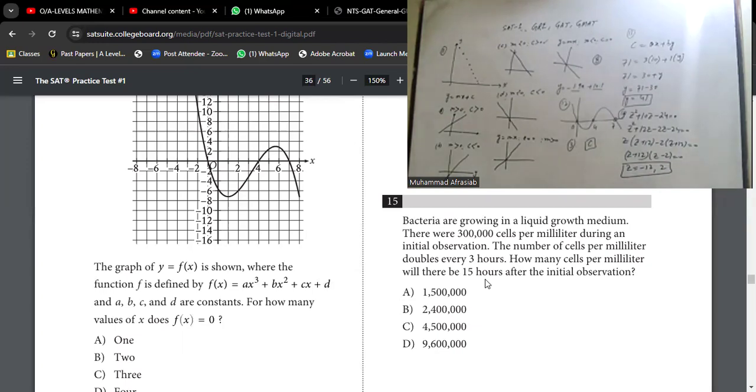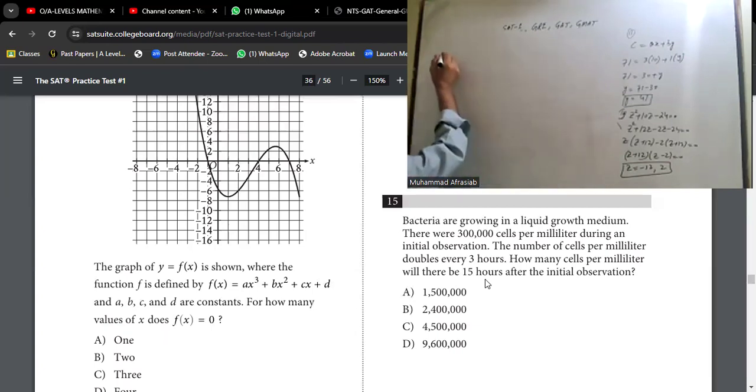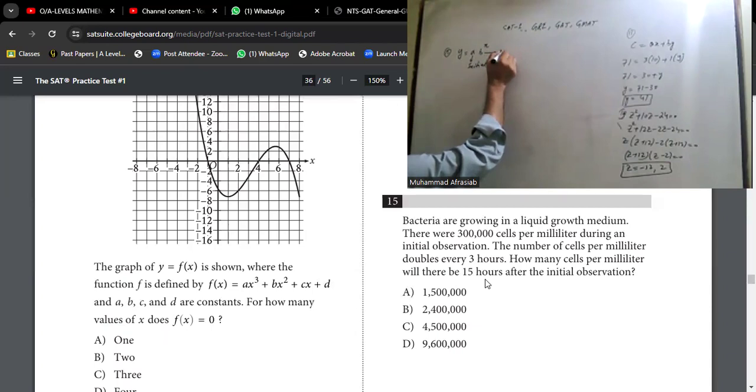So this is the question where we can use this model as y is equal to a into b power x, where a is the initial value, b is the rate, and x is the time, which can be in hours or minutes or seconds.